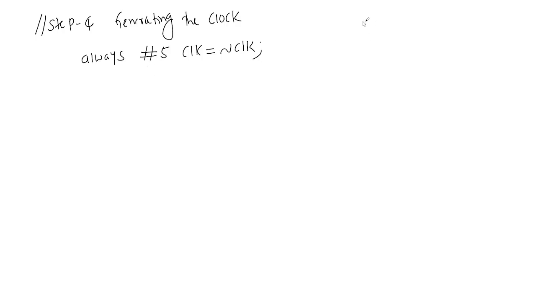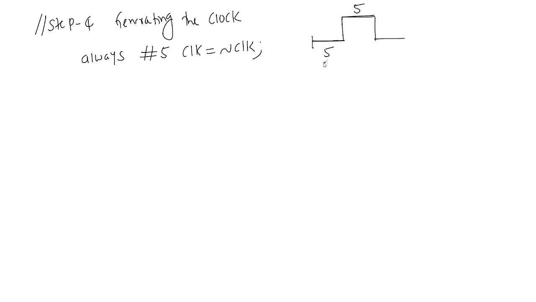So that means clock equal to not of clock means what? For 5 time units, this will be half cycle. It may be nanoseconds, depending on the time scale you are using. 5 nanoseconds is the off time, and 5 nanoseconds on time. Again, so this is till 10.